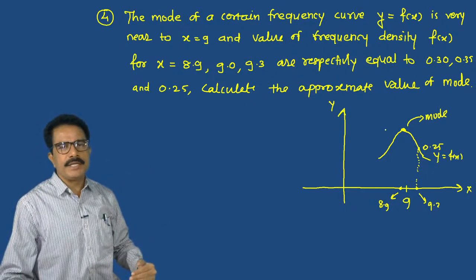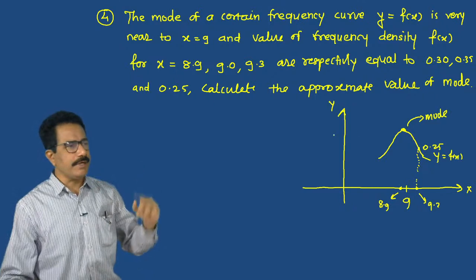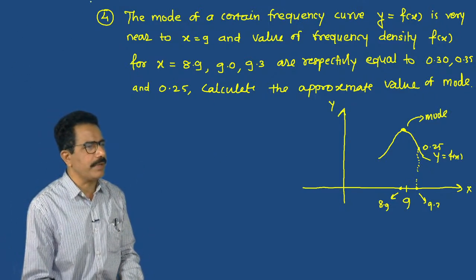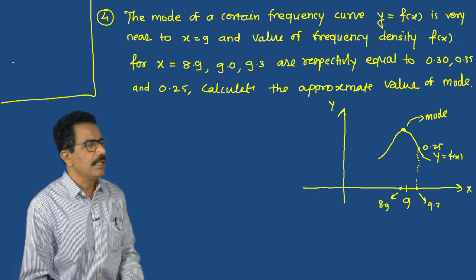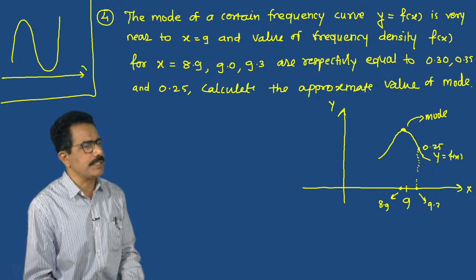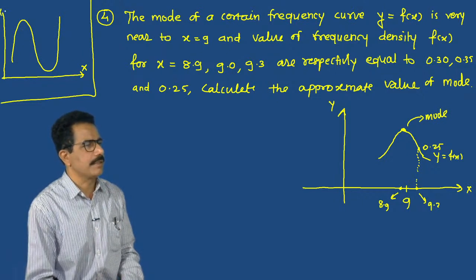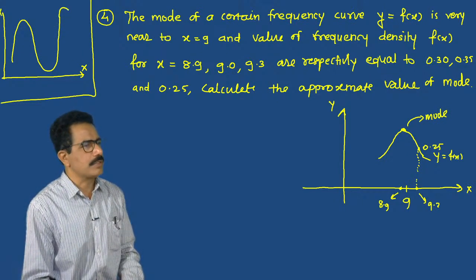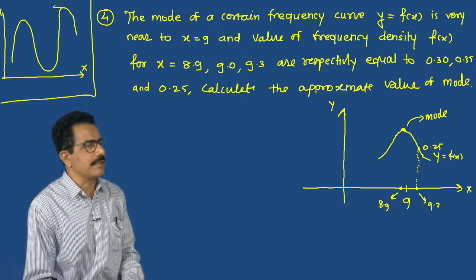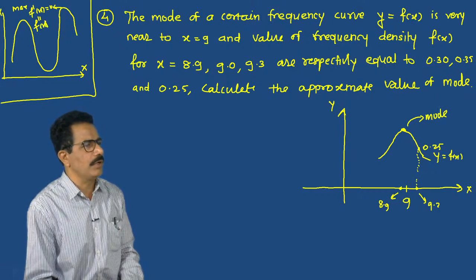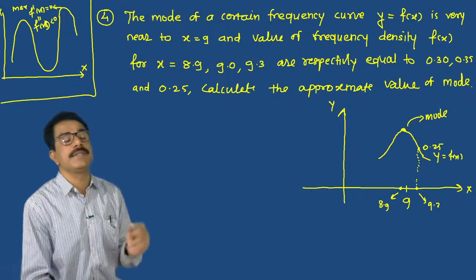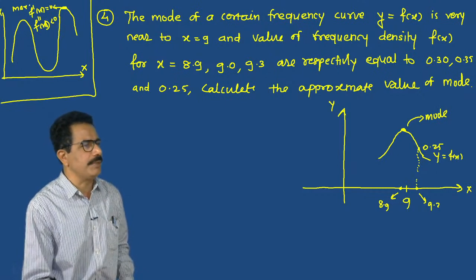You should know this concept, so I will revise it once again. See this, suppose this is the maximum or minimum of a given function. Suppose this is the x axis, this is the y axis. Now if it is a maximum, then f dash of x is 0 and f double dash of x is negative, less than 0, at the point of maximum.